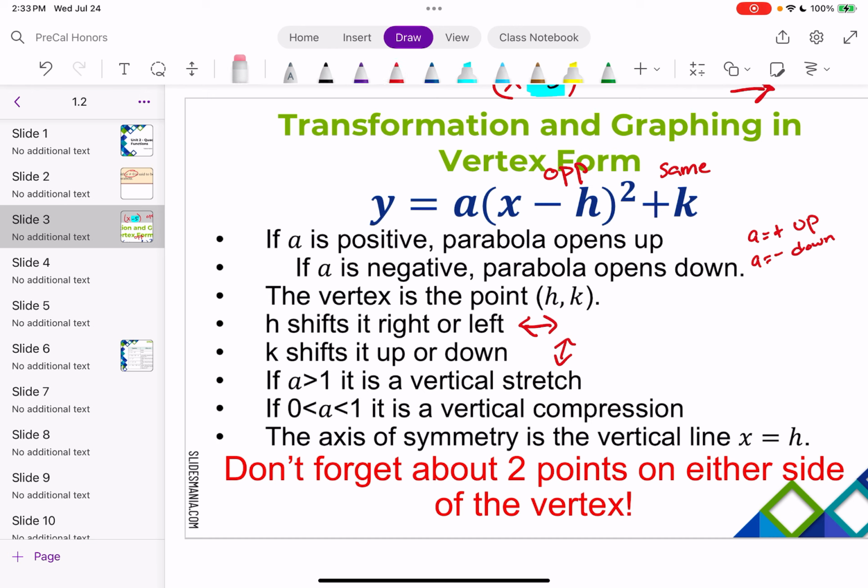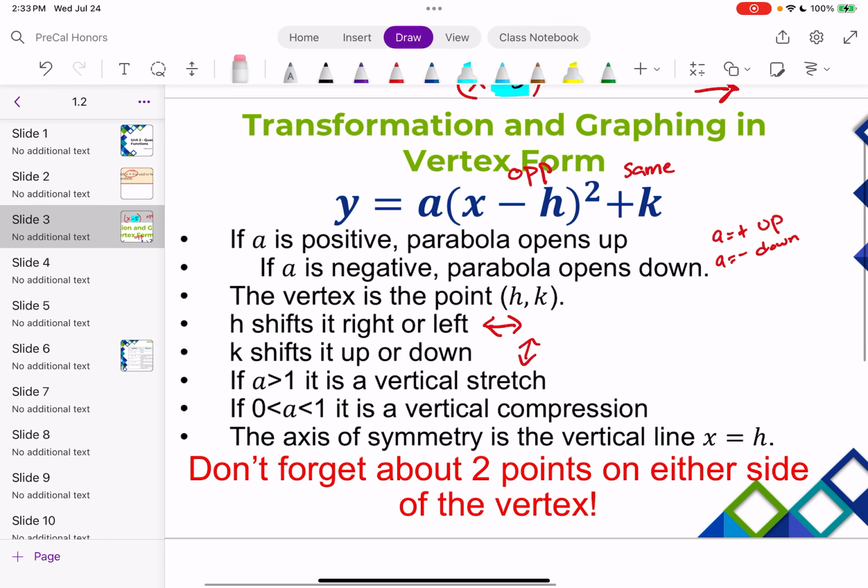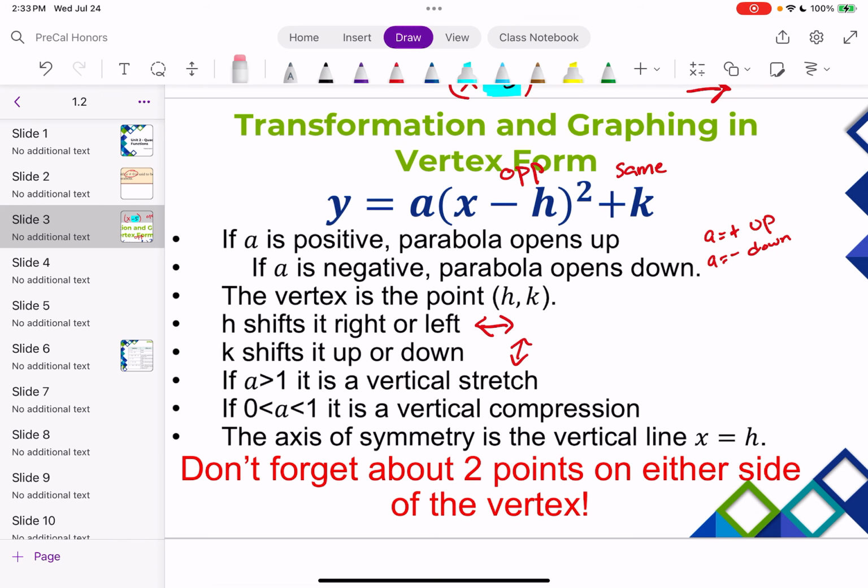Our a is also very important because not only does it tell us whether it's going to face up or down, it is also based on whether the number it is giving is between 0 and 1 or greater than 1. So, if a is greater than 1, it is a vertical stretch.